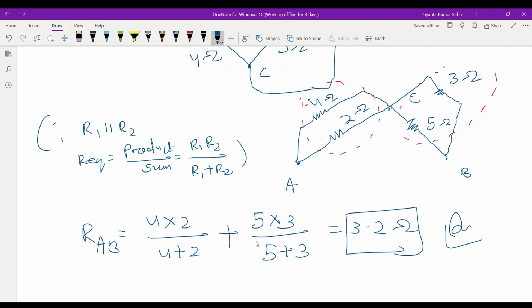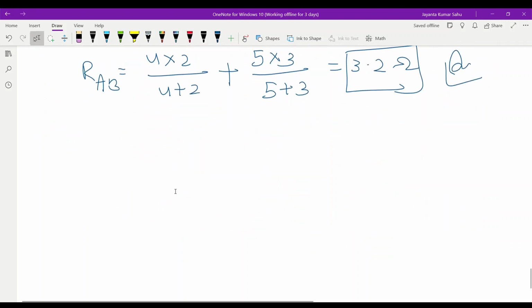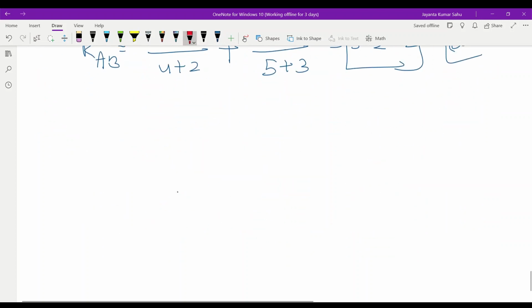Next question. Question number 5. Find RAB.